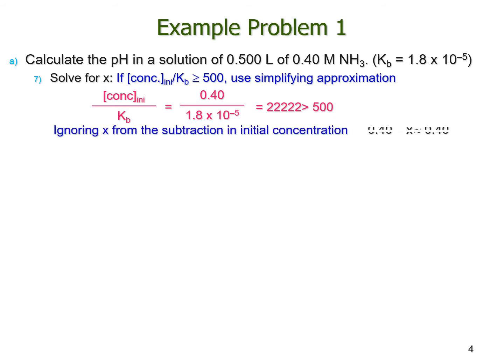That means we can take X off from 0.40. Why? Because Kb is so small compared to the initial concentration, X is going to be very small. It won't basically affect the concentration of the base.